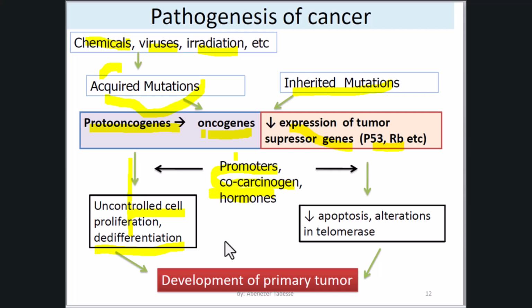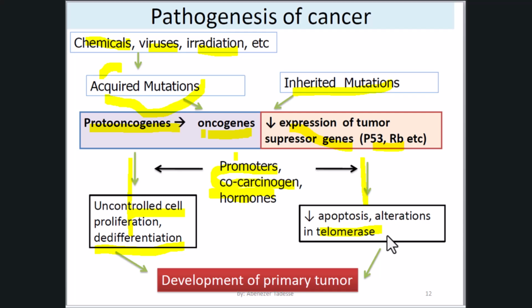The other one is that this leads to decreased apoptosis and alteration in the telomeres, so that can increase the number of cancer cells. The other one is an increase in telomerase activity, or this enzyme leads to immortal cancer cells.